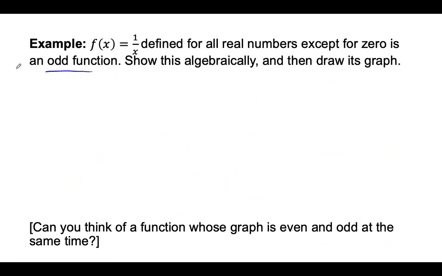So to show this, and this is also another function that comes up frequently, like if you take calculus in your future. So x squared, 1 over x, you're not going to get away from this function.